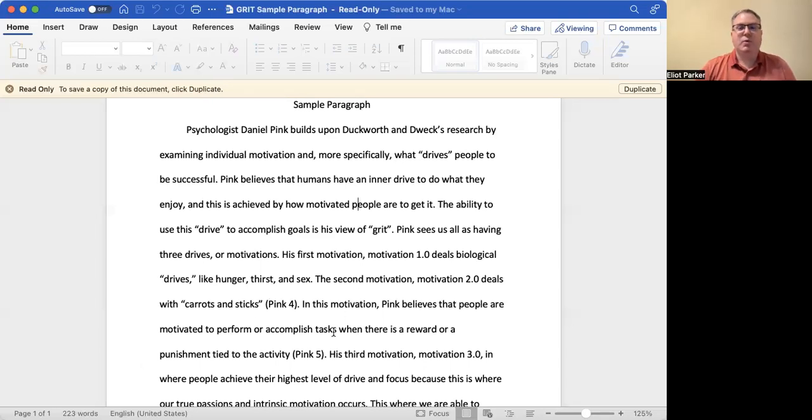But anyway, one of the first things that you want to think about when you structure your essay is how you are going to build on what one theorist says with the other 2 theorists. That's one of the reasons I also suggested that you write your body paragraphs first. So what I have done in this paragraph is build upon Daniel Pink's research and his theories about grit, built upon what comes first from the Duckworth and Dweck paragraphs.